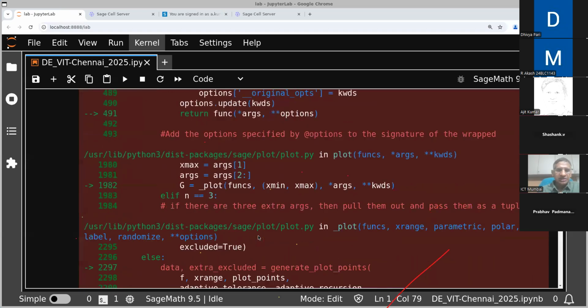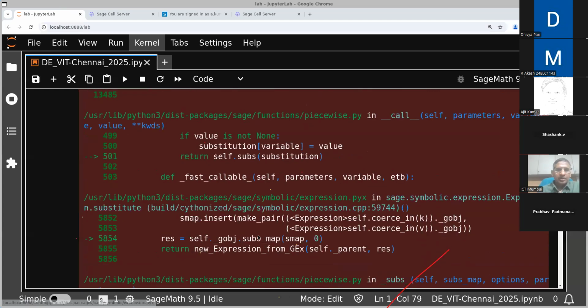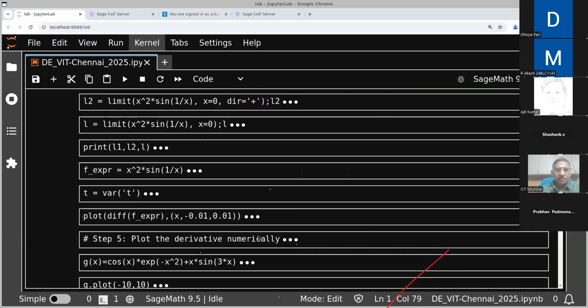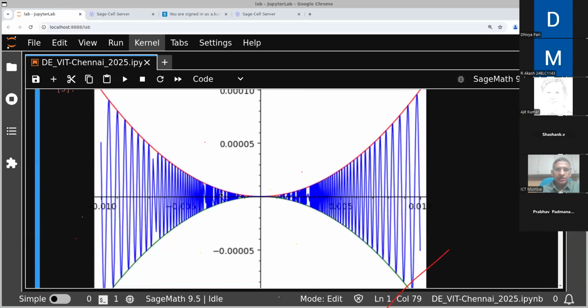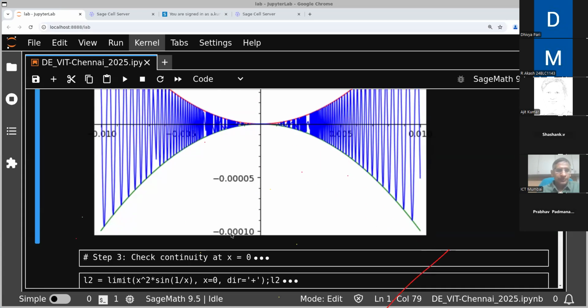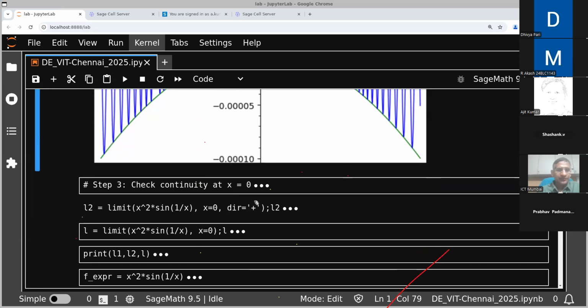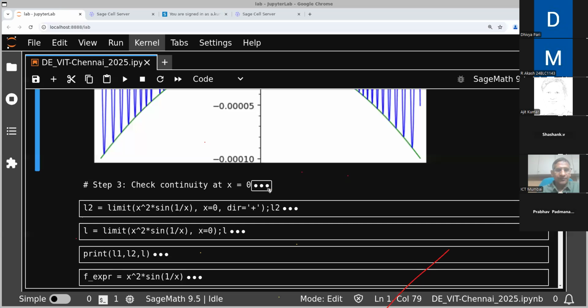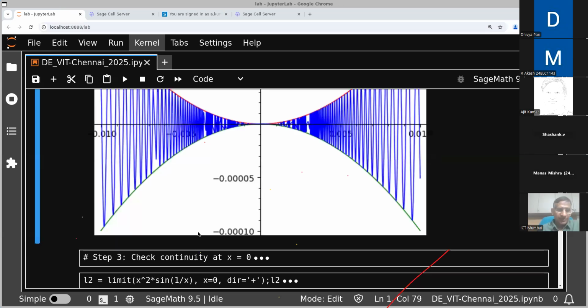So if you look at the graph of this function, what can you say about it? Is it continuous at 0? Is it continuous at 0? Yes, sir. Is it differentiable at 0? How do you check that?